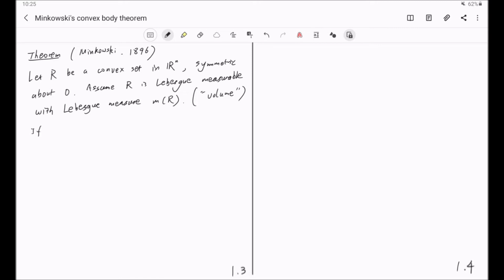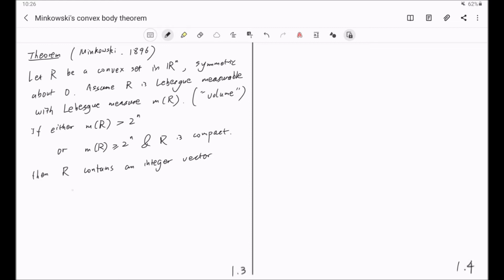Now if either M of R is strictly greater than 2 raised to the power n, where this n is the dimension of R^n, or M of R is greater or equal to 2 raised to the power n and at the same time R is compact, then R contains an integer vector, denoted x with an arrow above.